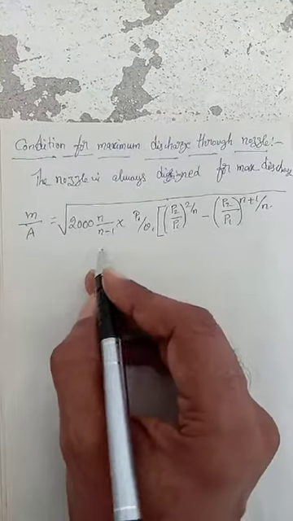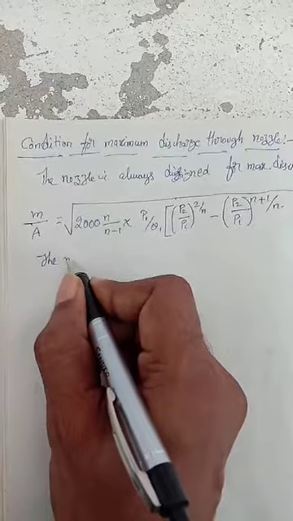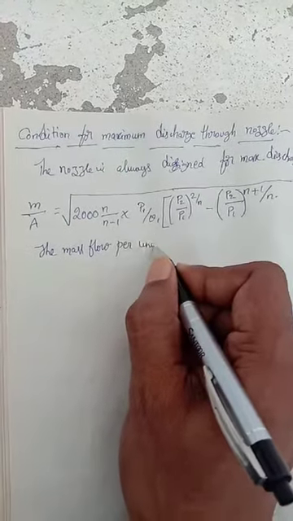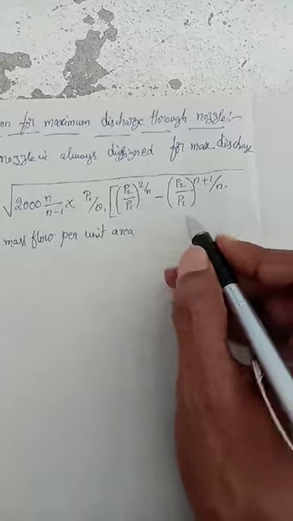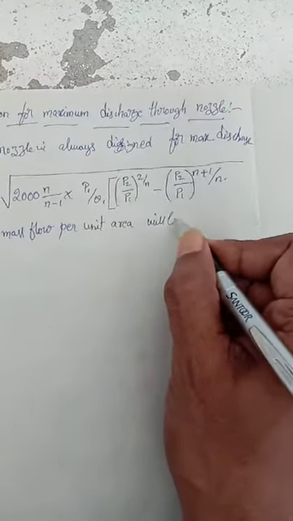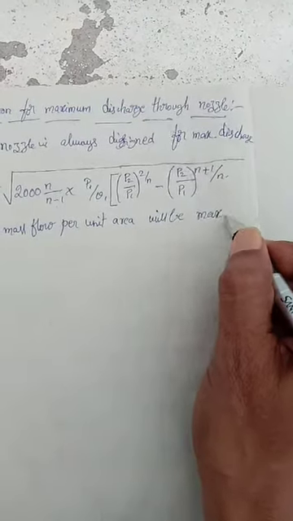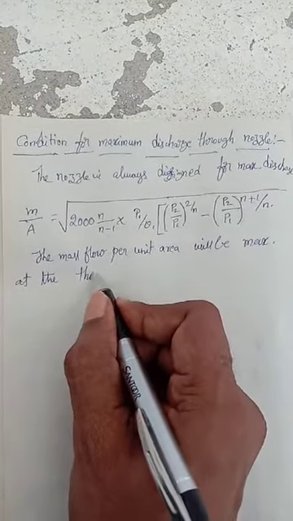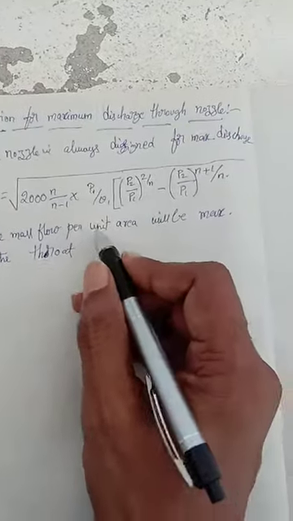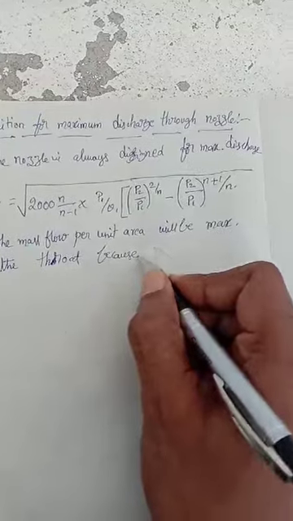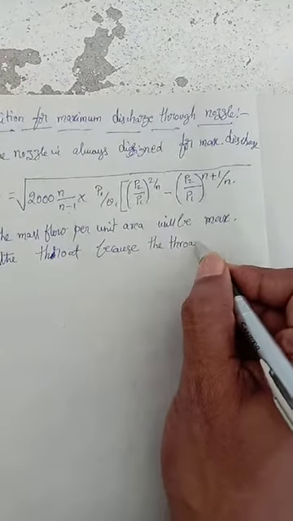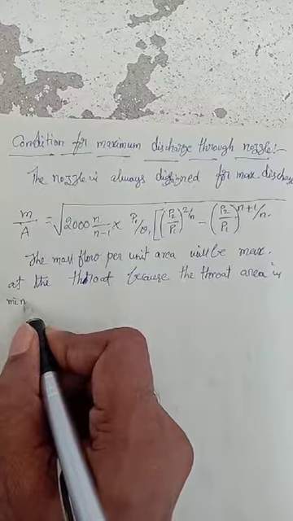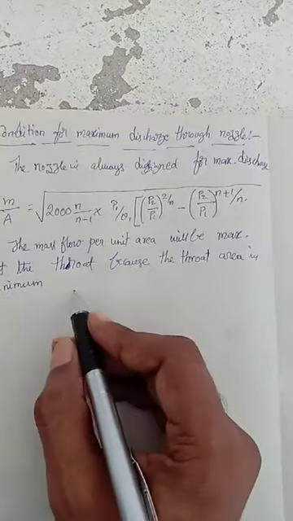Okay, now the mass flow per unit area will be maximum at the throat. Where? At the throat, because the throat area is minimum.